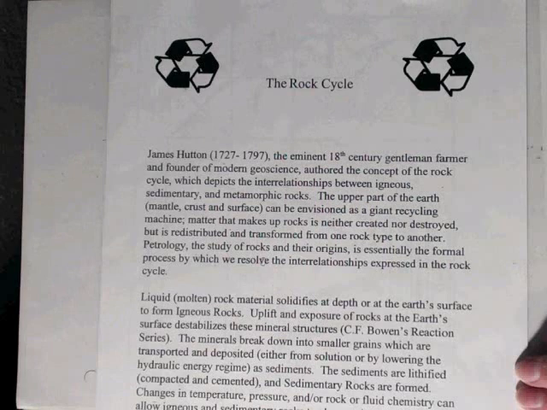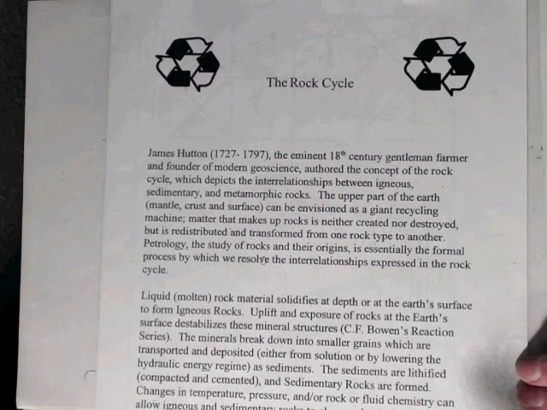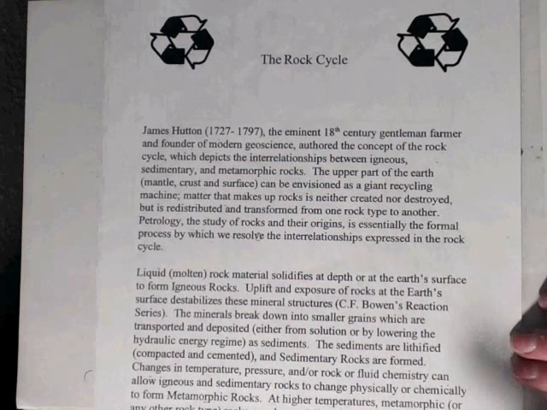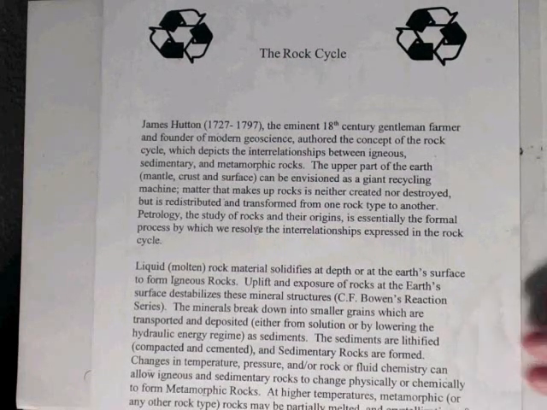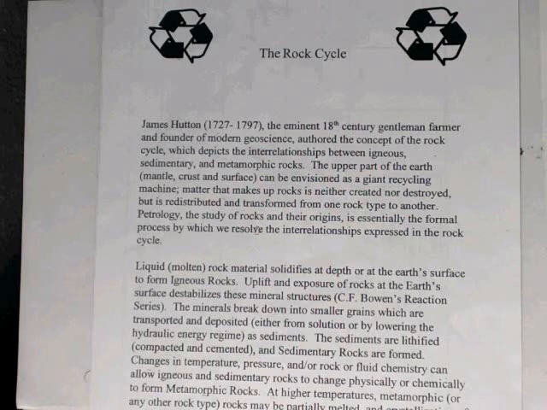The second page does talk a little bit more about the concept of the rock cycle that James Hutton, a gentleman farmer they called him, back in the 1700s, came up with. He is known as the founder of modern geology.